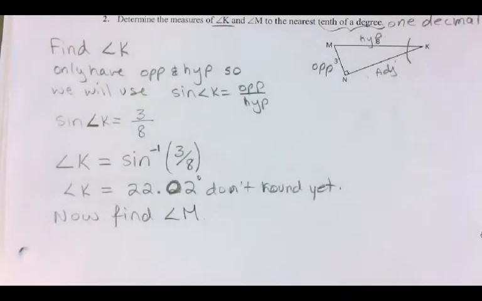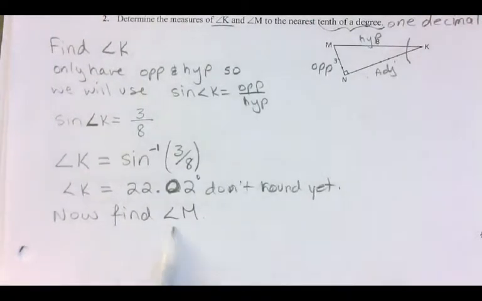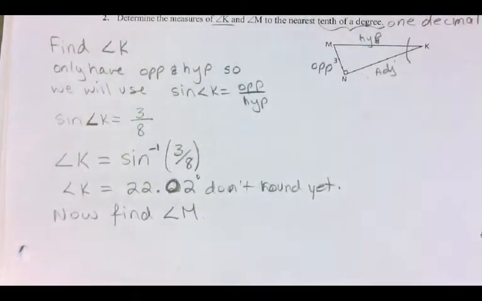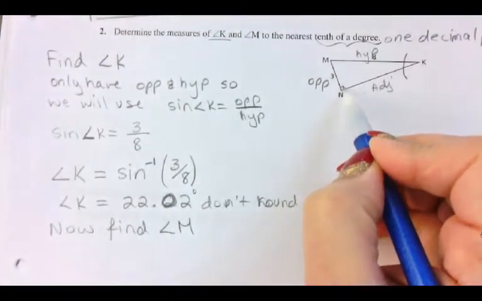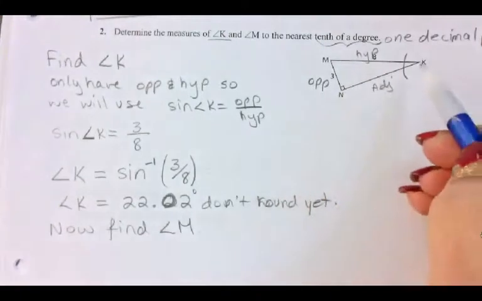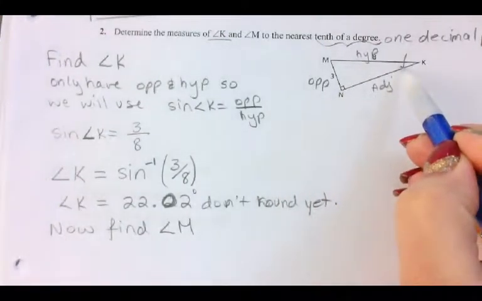So now there's 2 different ways that we can figure out angle M. What is one of them? 90 minus 22.02. Okay, so we know this angle is 90, right? And we know that this angle is 22.02.